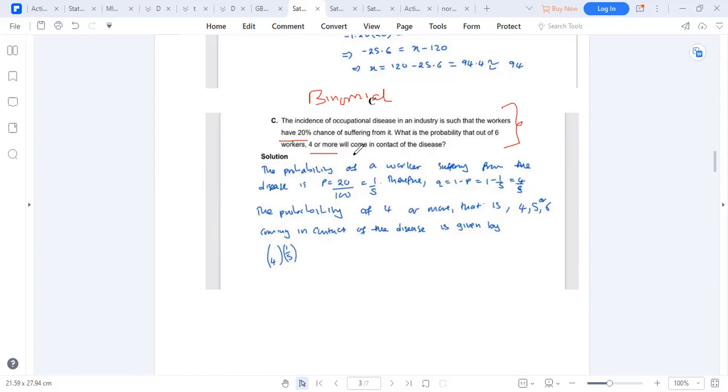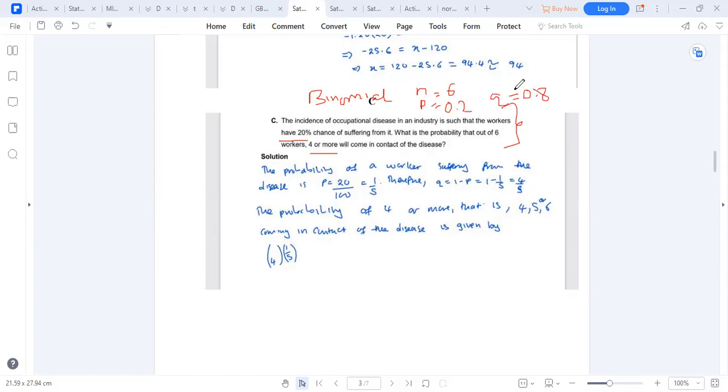So to start with, for a binomial, we need to understand that we are only given 2 things, n and p. What is our n? We have 6 there. What is our p? We have 20%, which is 0.2. So if p is 0.2, meaning our q should be 0.8. The 2 must add up to 1. So in summary, are we together there?